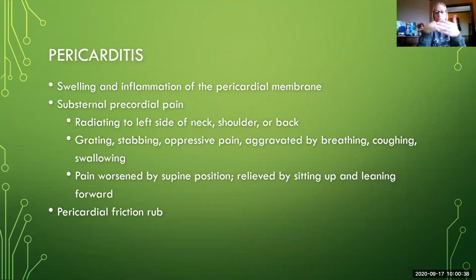Either it could be a PE or an MI, we gotta do something. But if they've already got a diagnosis of pericarditis, chest pain would be normal for that patient. So it's not an emergency situation. Knowing those things is important.